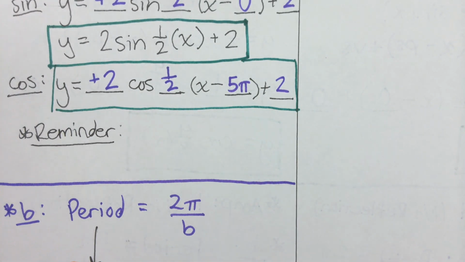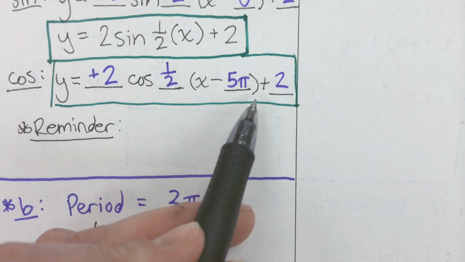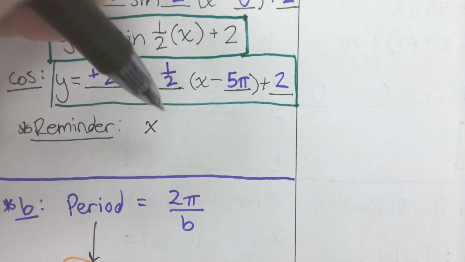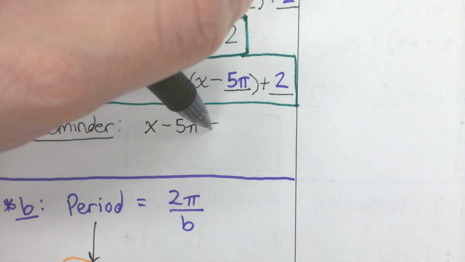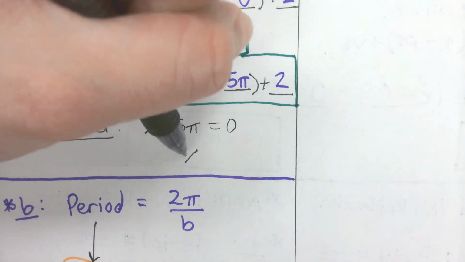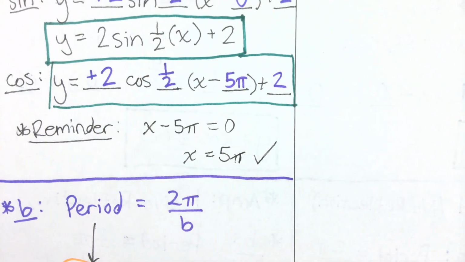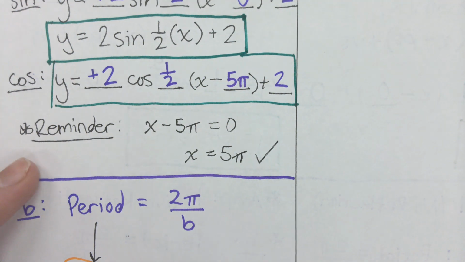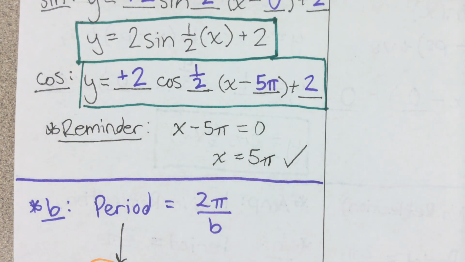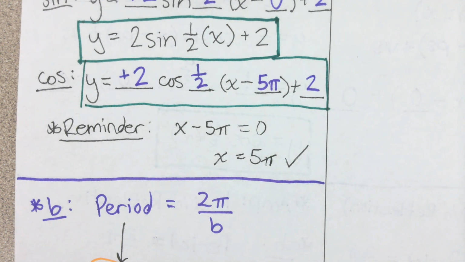And the reason for this is because if I wanted to find this by hand, I would set that equal to 0. And then when I solve, I get x equals 5 pi, which is what I had to begin with. I make a big deal about that because hands down when it came to this problem on the test, that was the most missed detail, was not putting the correct sign there. So make sure you're extra careful with that.